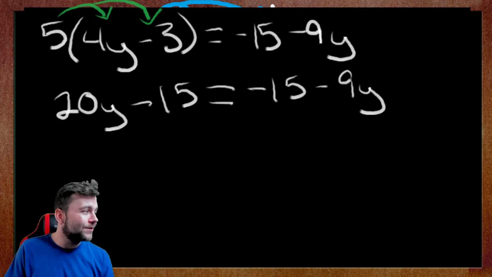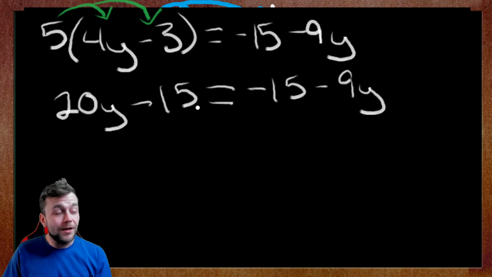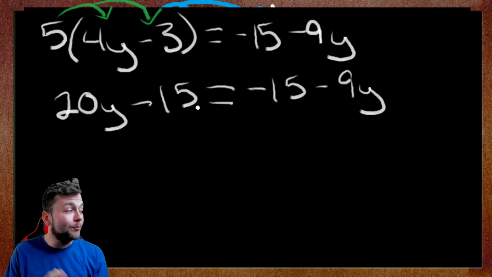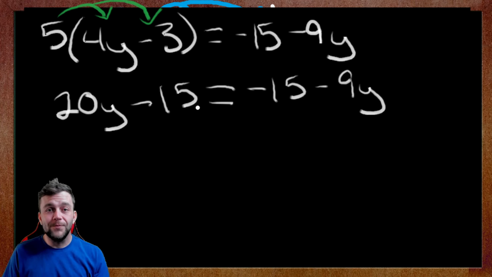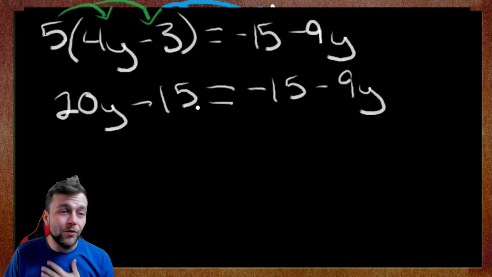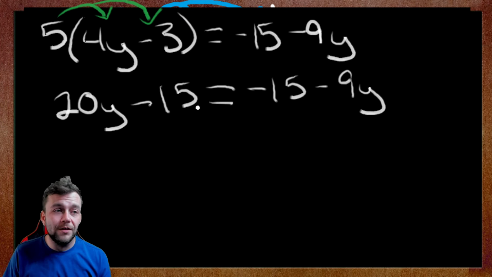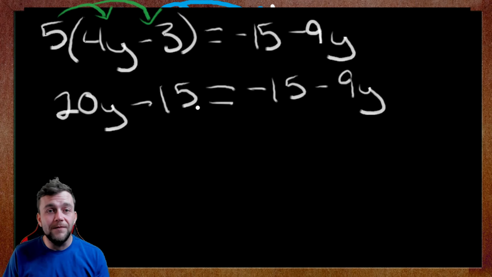Okay, so, check it out. We have variables on both sides of the equation. We have a 20y on one side, and we have a negative 9y on the other. You can do it either way you want, but I want to get rid of the negative 9y. I don't like coefficients with negativity, right?